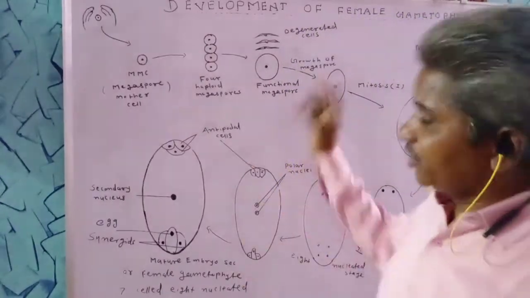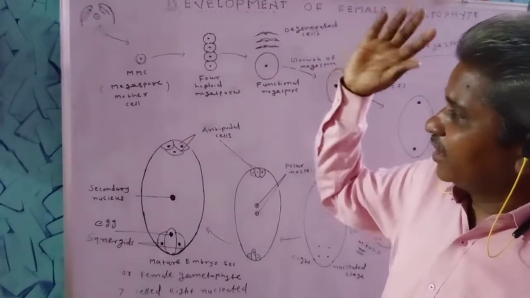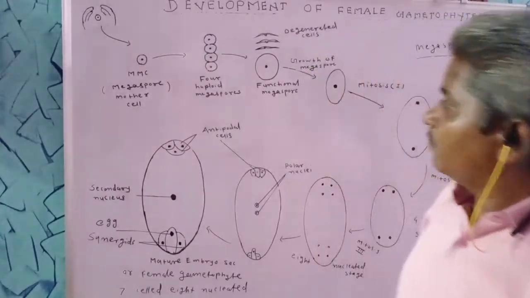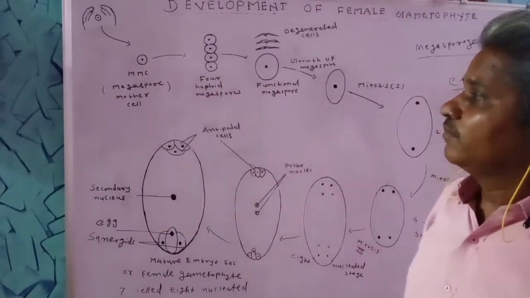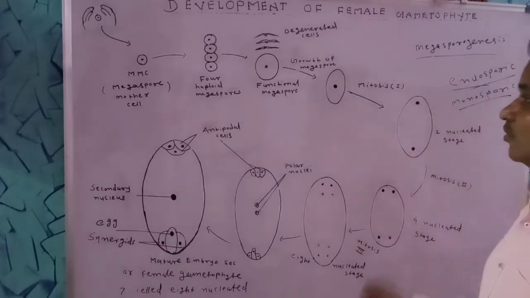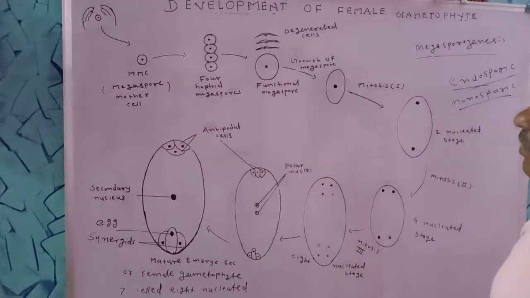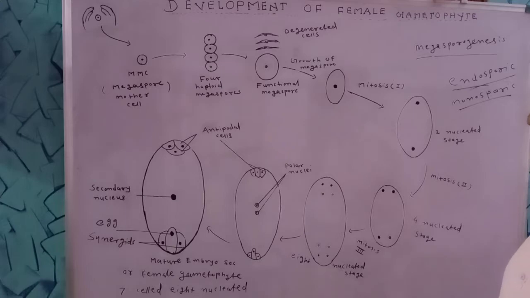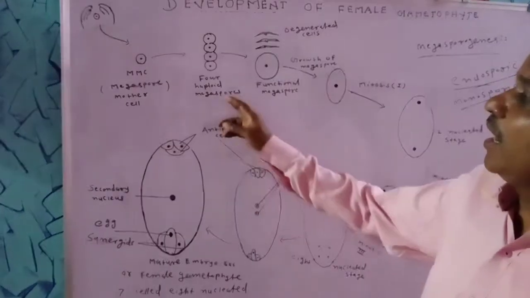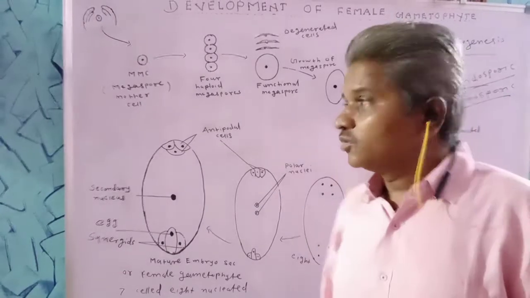So megasporogenesis is the process where the diploid MMC divides meiotically and produces 4 haploid megaspores. In this way, the 4 haploid megaspores are formed after megasporogenesis.